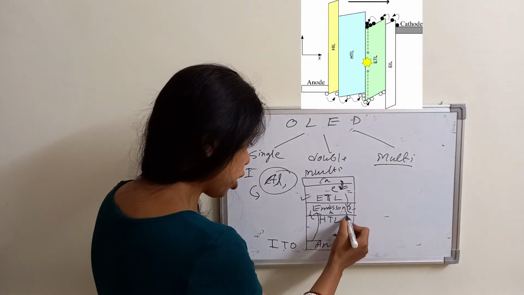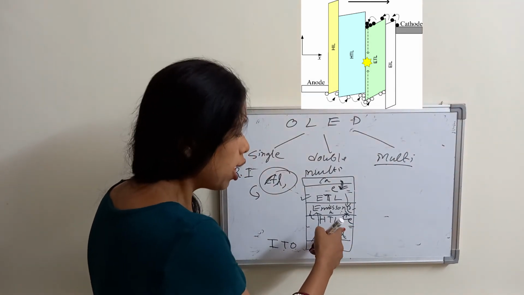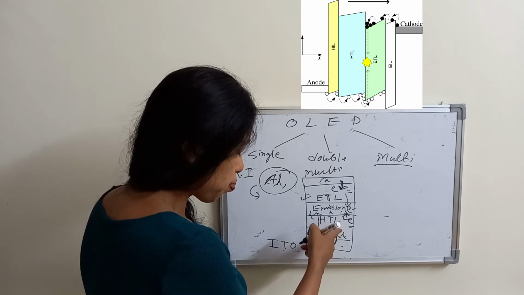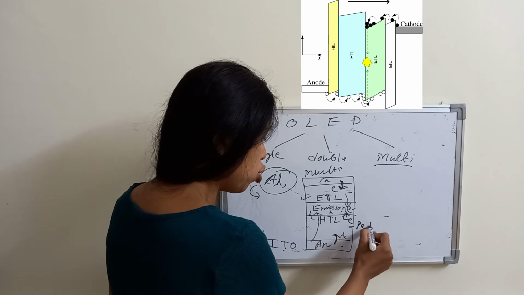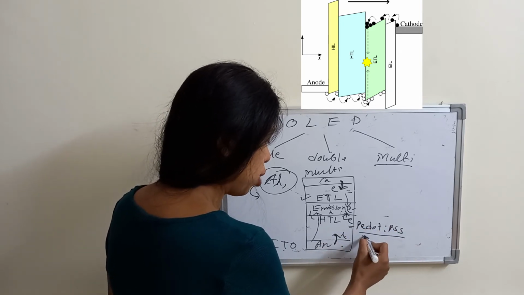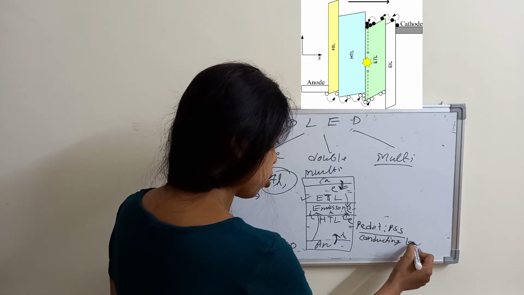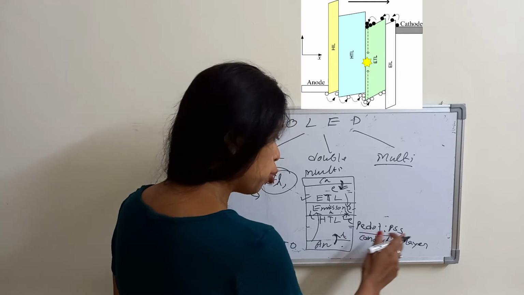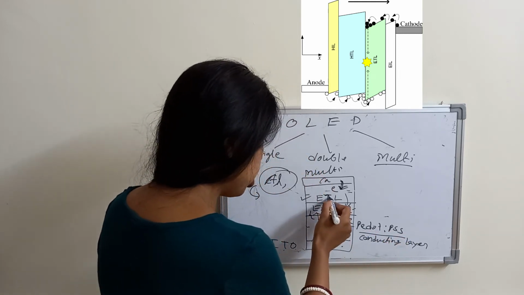So electrons cannot penetrate inside the hole transport layer. The most popular hole transport layer is PEDOT:PSS. This is one kind of polymer conducting layer, PEDOT:PSS.